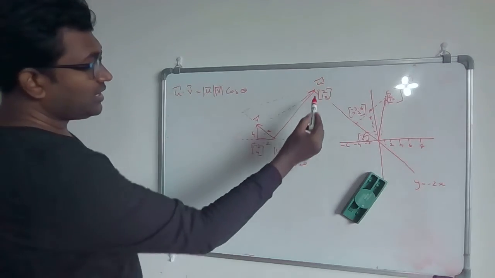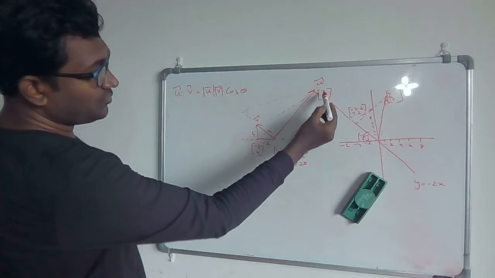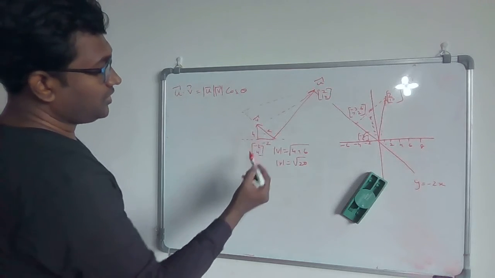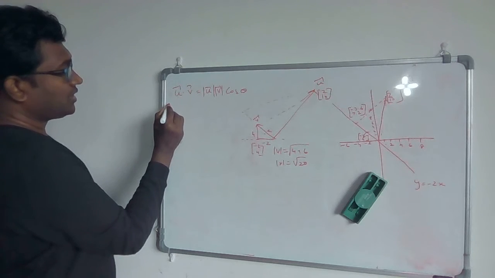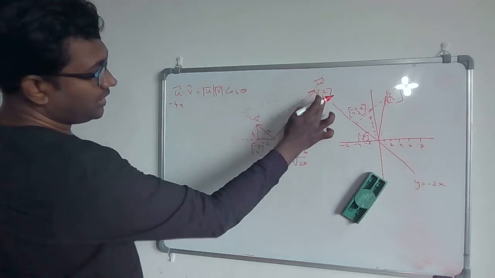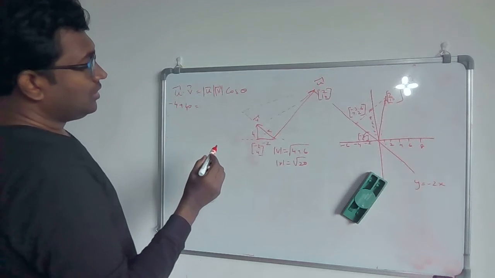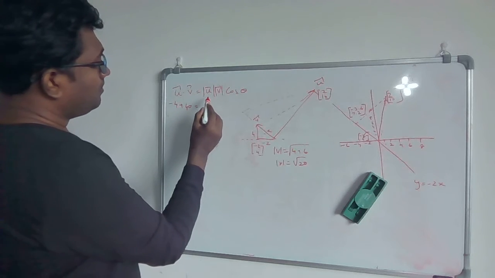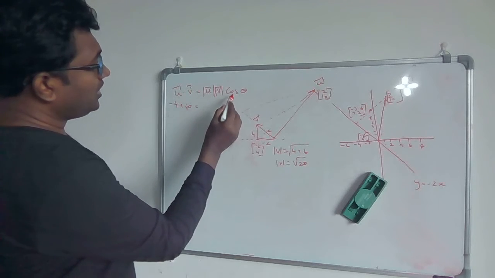If we multiply the x with x and y with y, that is the dot product. The x coordinate of u and the x coordinate of v: 2 into minus 2 is minus 4, plus 10 into 4 is 40. This is equal to the projection of u on v times cos theta.